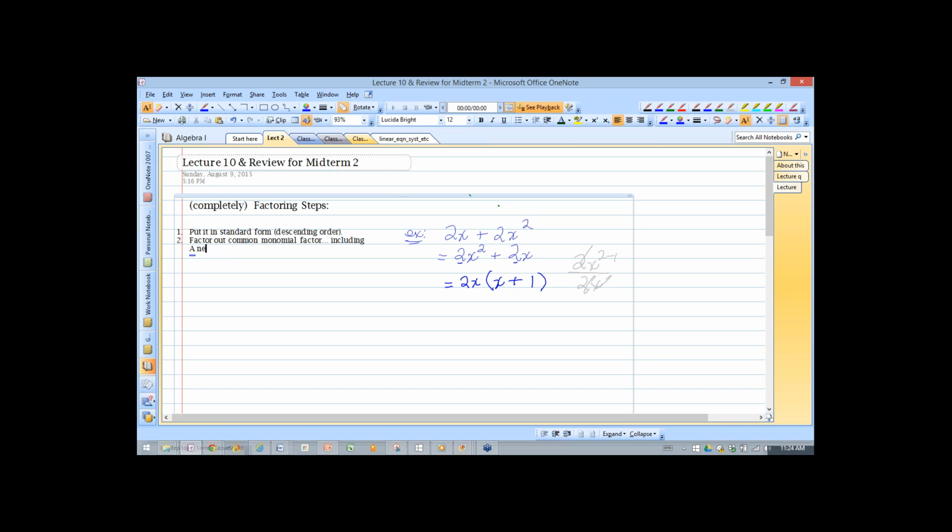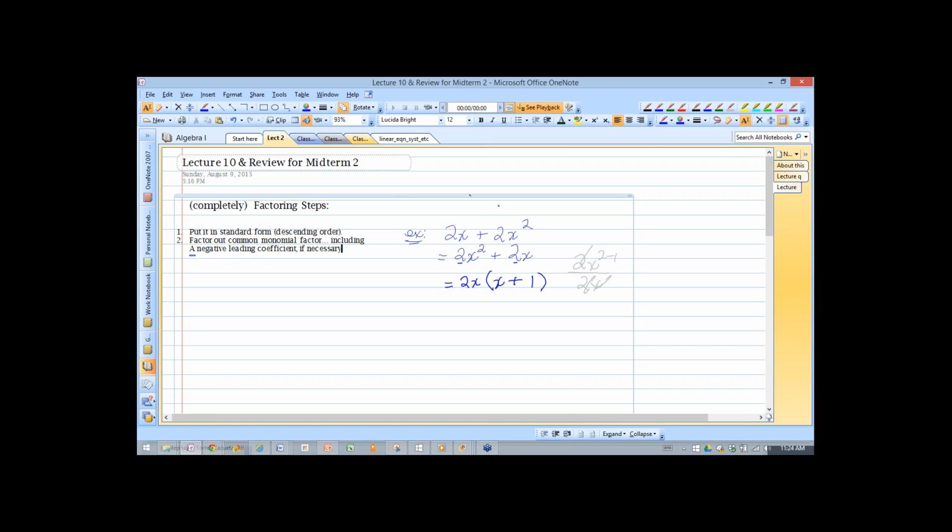Okay, let's talk about that. Coefficient. Okay, not the best typer, but I get the message through, I hope. Including a negative leading coefficient if necessary, okay?